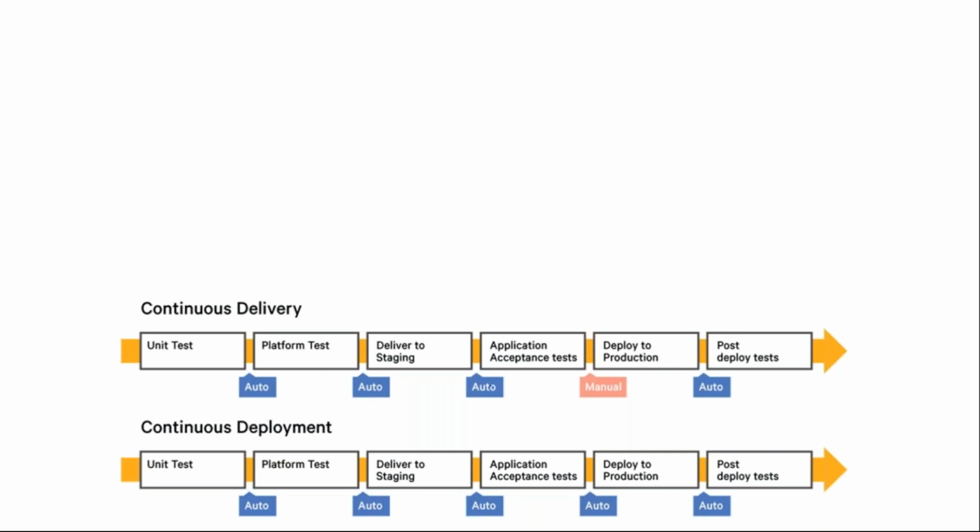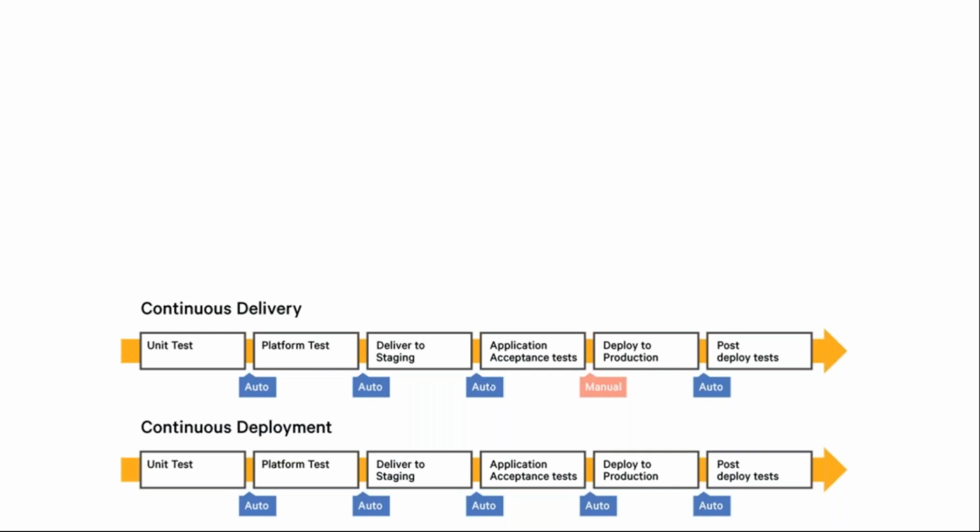It is delivered to staging, then the application acceptance test, then deployed to production. This part is manual, from the user acceptance test to the deployment to production. After deploying to production, we again do testing, the post-deployment test. This is the continuous delivery process, and it is the preferable option.